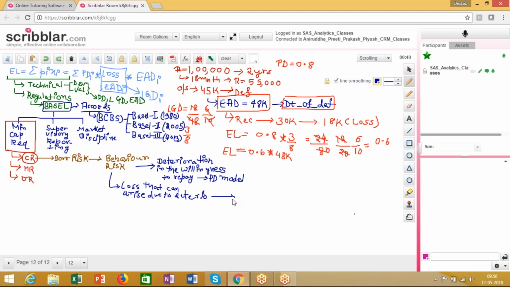And this is where the role of EAD and LGD models comes in. Clear on this part?